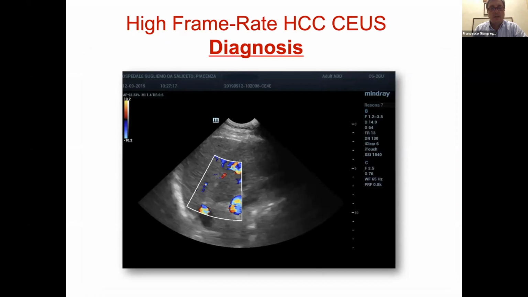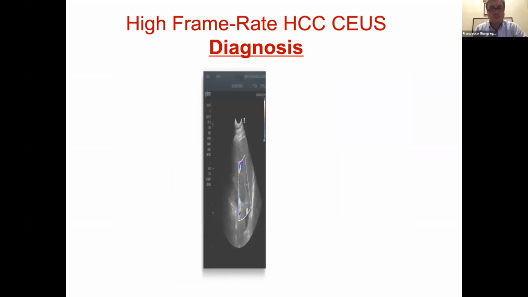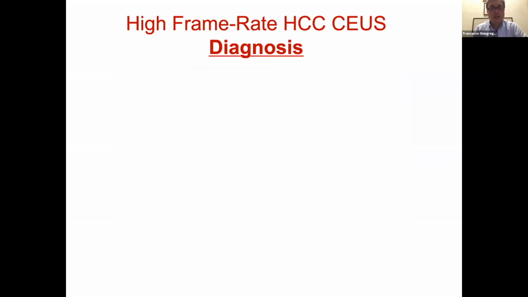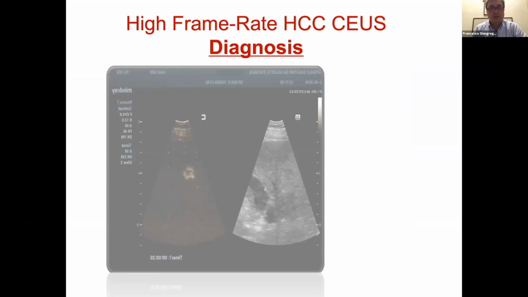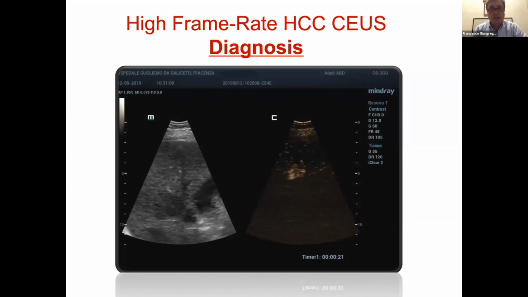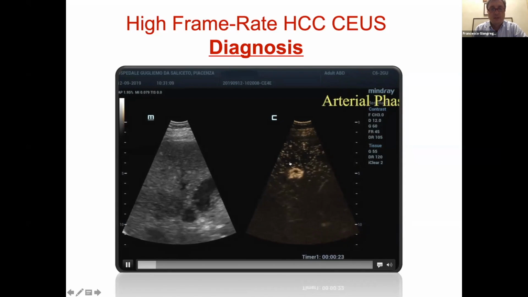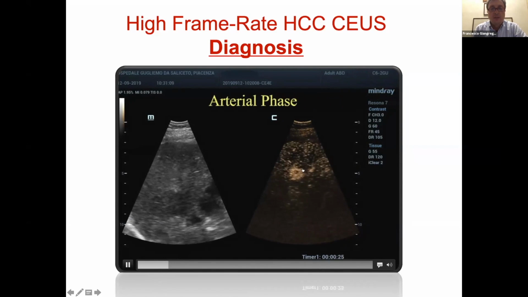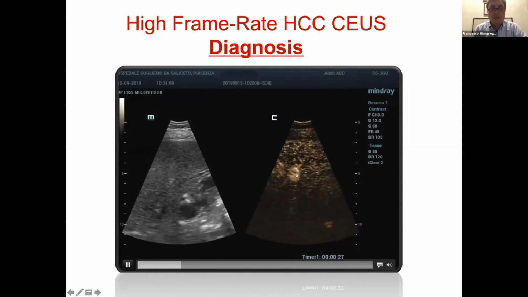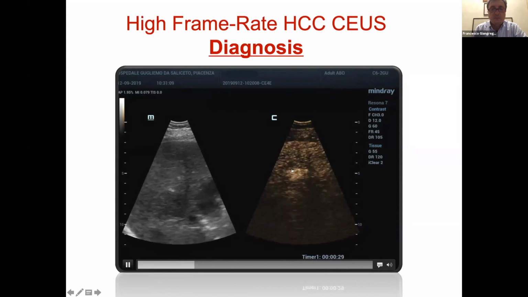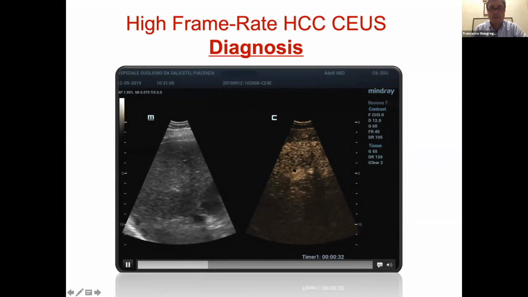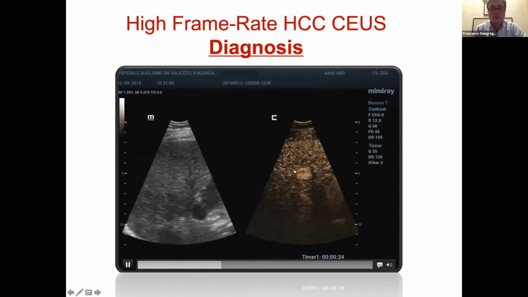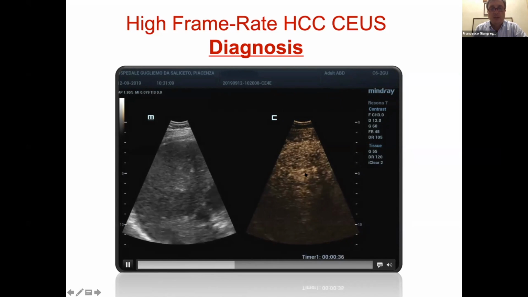In this case, we have two nodules on B mode and color Doppler, but we can study very well this small nodule that has a part of arteriovenous shunt and a part of an active nodule.